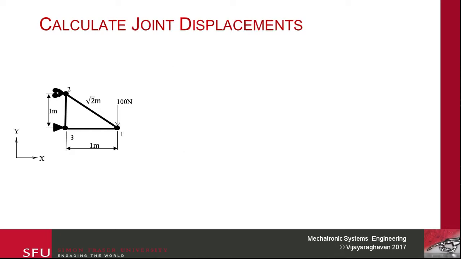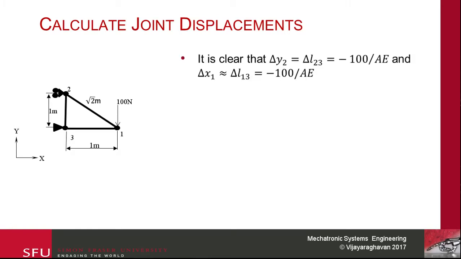Now we are actually interested in calculating the displacement of point number 1. Let's see if we can figure this out. It's fairly obvious that delta y2, which is this point here, because this point 2, 3 is fixed, if this link becomes shorter, you'll notice that 2 moves down.